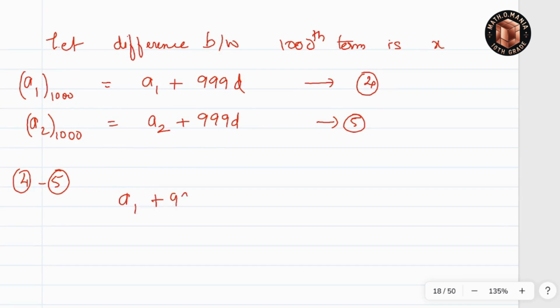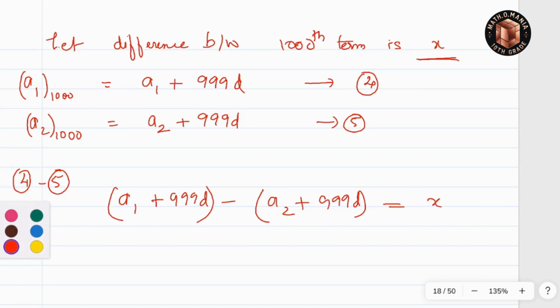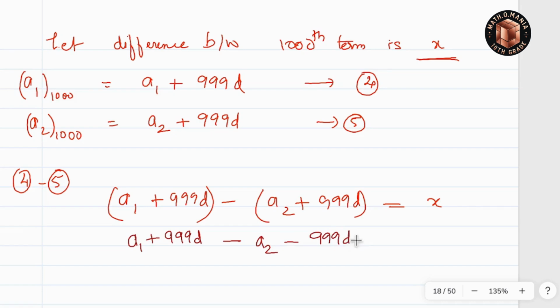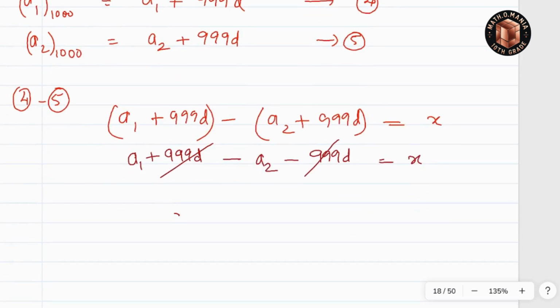That is A1 plus 999D minus A2 plus 999D. I don't know that value, so let that difference be equal to x. Clear? Now I need to open up the bracket: A1 plus 999D minus A2 minus 999D equal to x. This one and this one will get cancelled. So what I get here is A1 minus A2, which is equal to x.